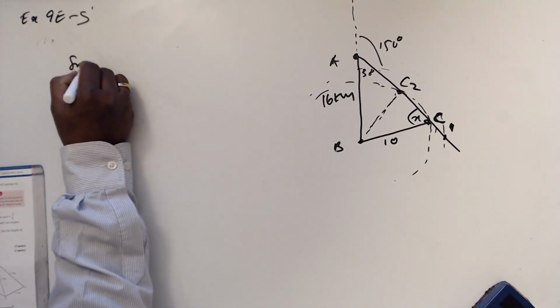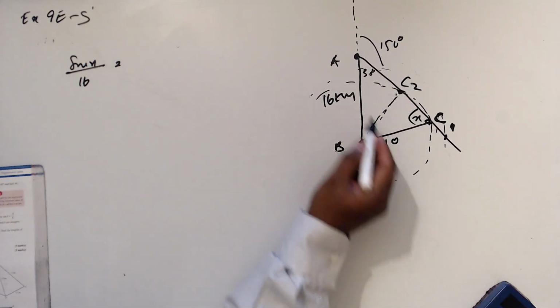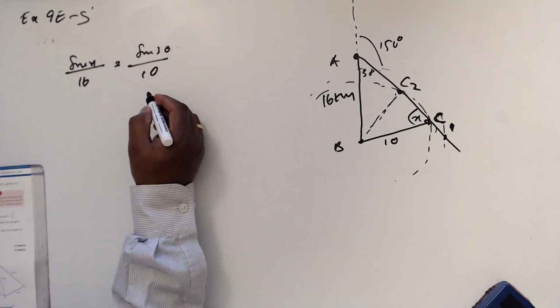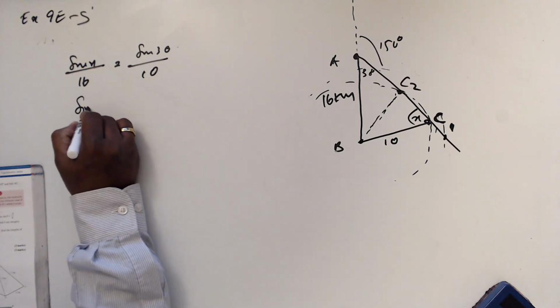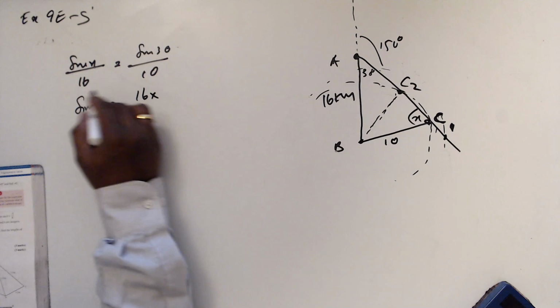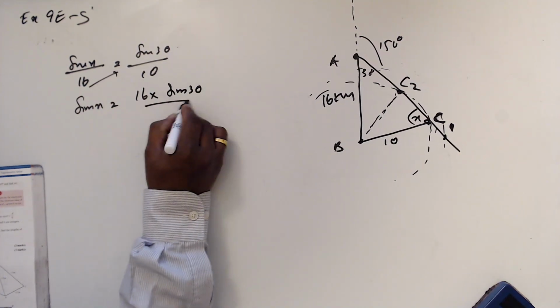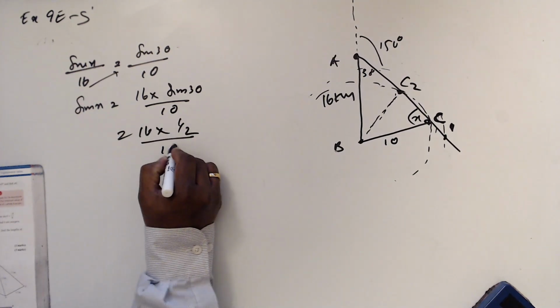So sine X over 16 equal sine 30 over 10. So sine X equal 16 times sine 30 over 10. 16 times sine 30 is half, over 10.